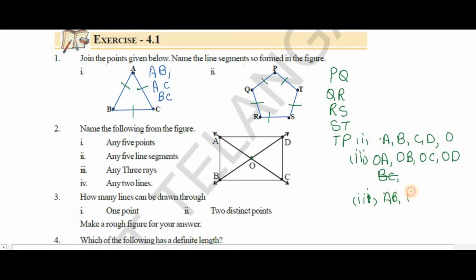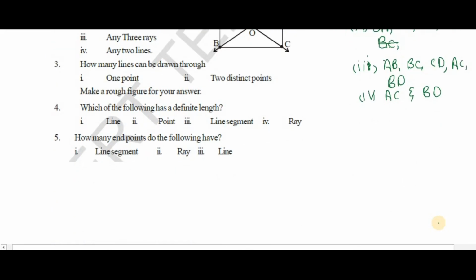AB, BC, CD, AC, BD. And now the fourth one is any 2 lines. These 2 are the lines and these 2 are the lines, AC and BD. Okay ma'am? And now we'll move on to the next question.